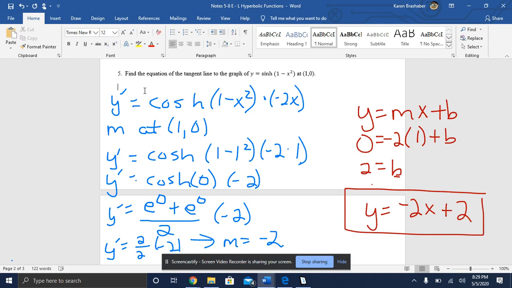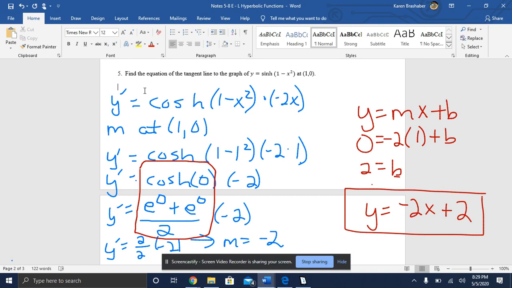So my main point in doing this example is whether you're doing an integral or whether you're having to evaluate in a derivative, whenever you are evaluating a hyperbolic sine or cosine, you have to go back to the definition using e.